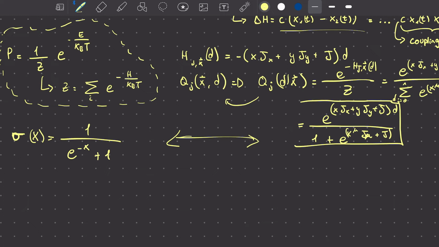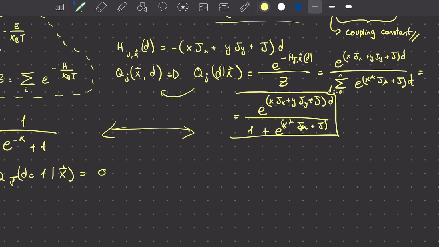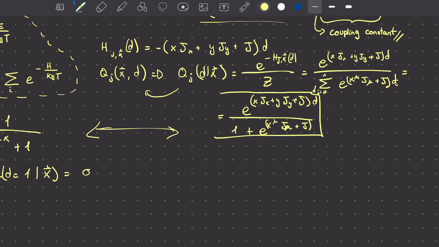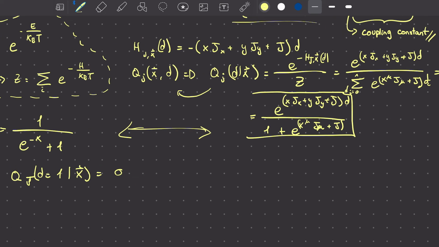So for d equal to 1, let's put it here. So q of j, d equals to, let me put it in capital because this is the parameter. So when d equals 1, given the vector x, we get the sigmoid, because just evaluating the previous and substituting x for the Hamiltonian, we're going to get the sigmoid times the Hamiltonian y plus j.